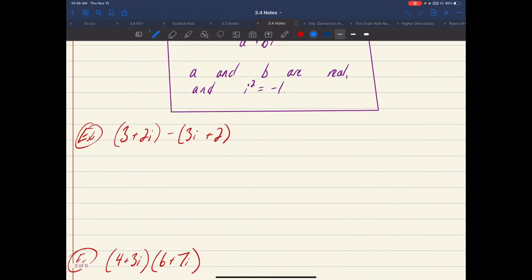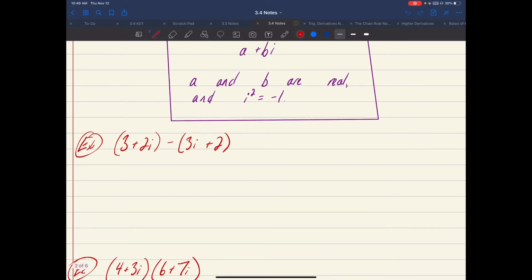So let's go ahead and just use these. A lot of this is just operations on imaginary numbers. So let's simplify this: 3 + 2i minus (3i + 2). We just work with i as though it's a variable until we have an i squared.